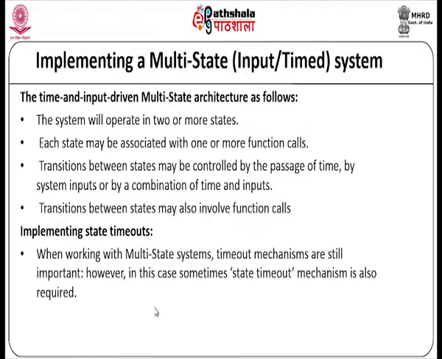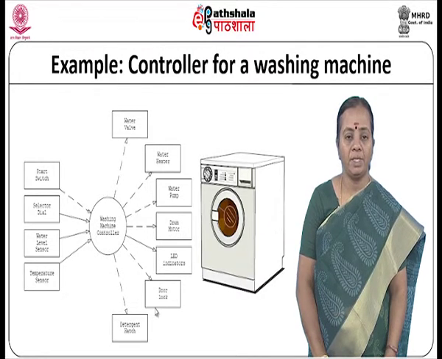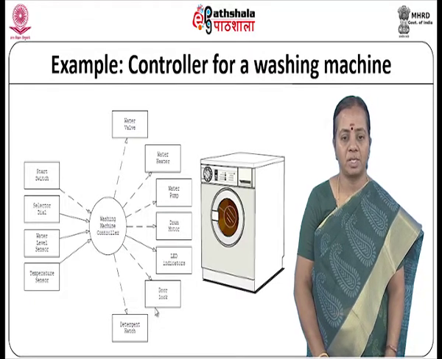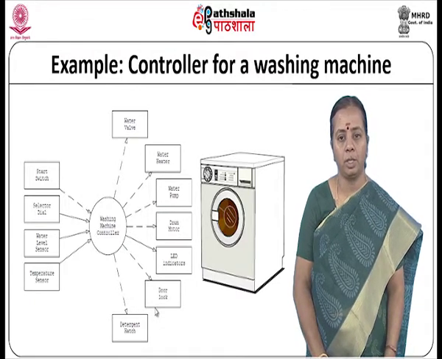So when you are working with multi-state systems, the timeout mechanisms are still important. Sometimes a state timeout mechanism is also required in real-time systems, where a state has to exist for a certain time only. The best example for this concept is the washing machine, a very famous example of a household embedded system.